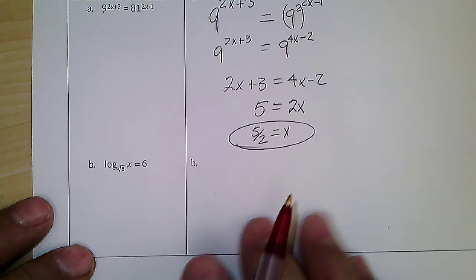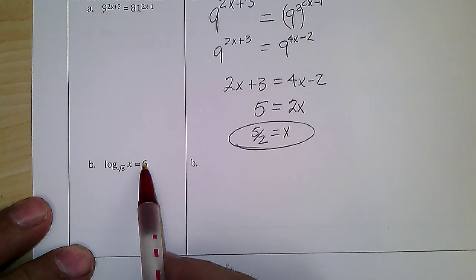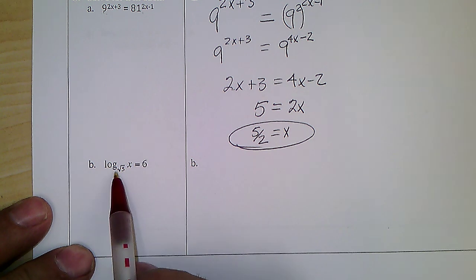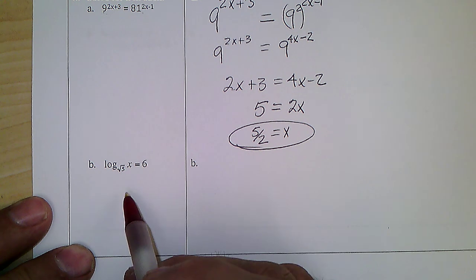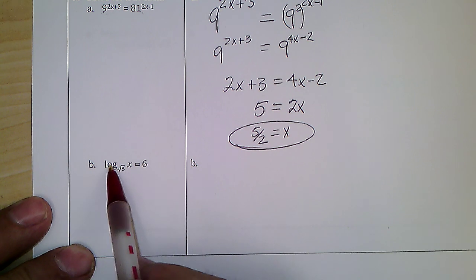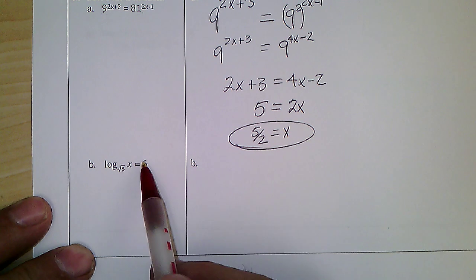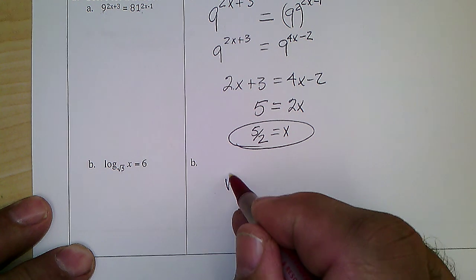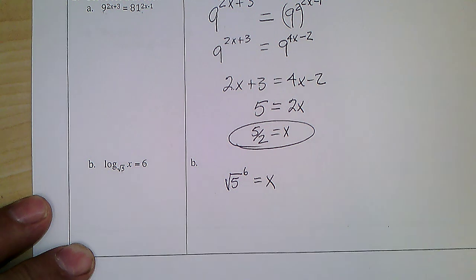And this one says, find this. Well, if it was out here, this would be fine. I could just type it in my calculator, but if it's in here, it's good to use that change of power rule again. So this says, to what power do I take the square root of 5 to get x? I take the square root of 5 to the 6th equals x.